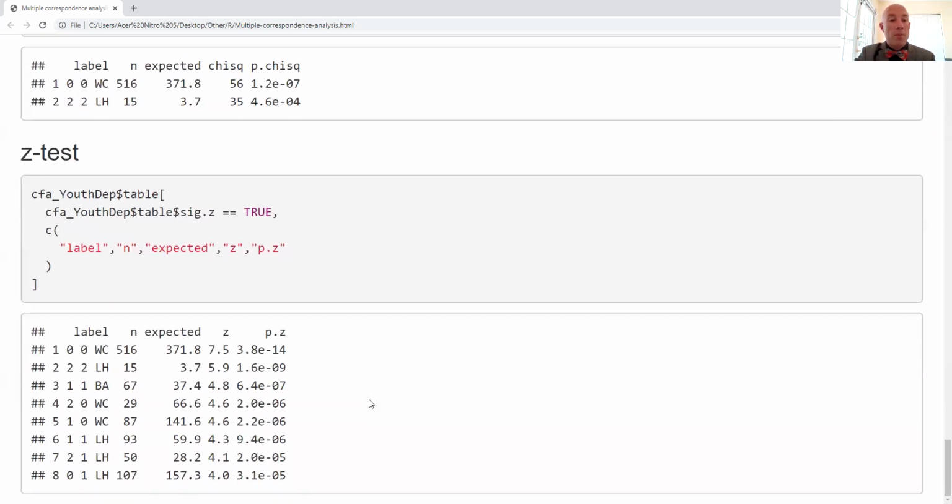Now, if we want to do a z-test, here we have it going in both directions. So we can see that 1 and 0, which is on the lower aspect of depression responses, is lower than would be expected.